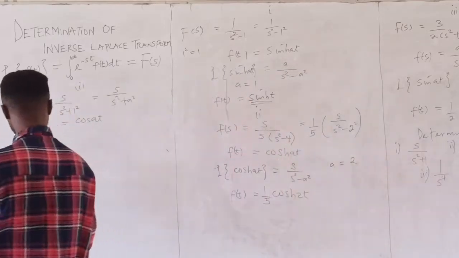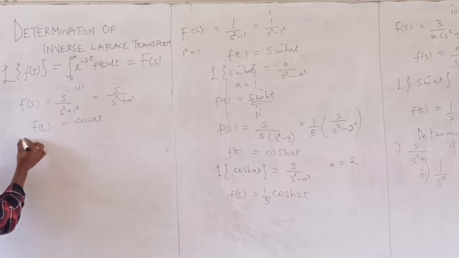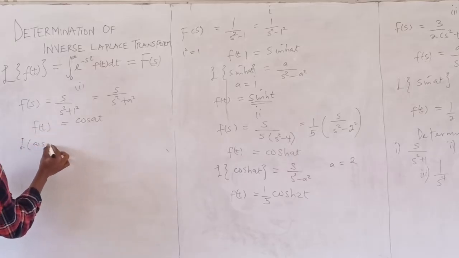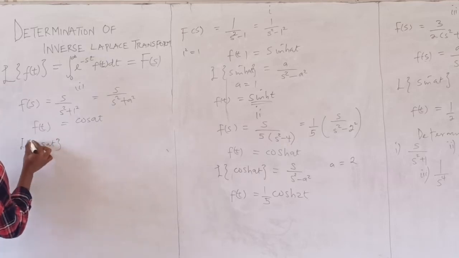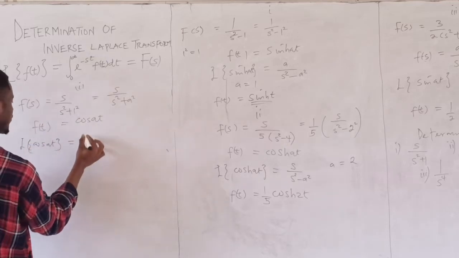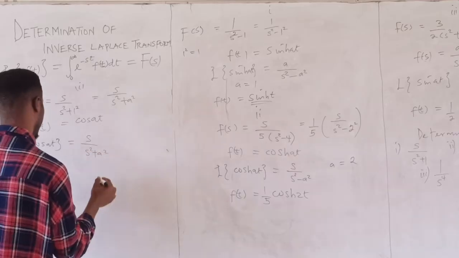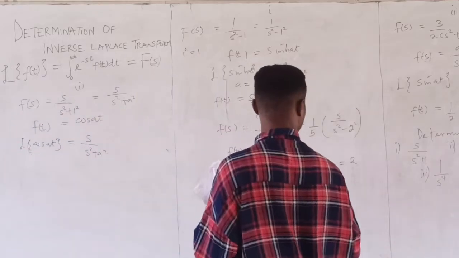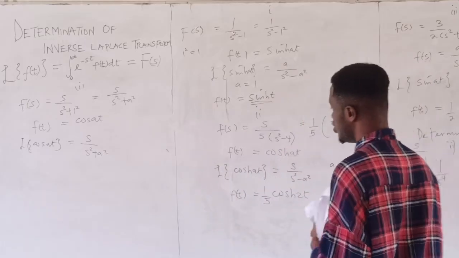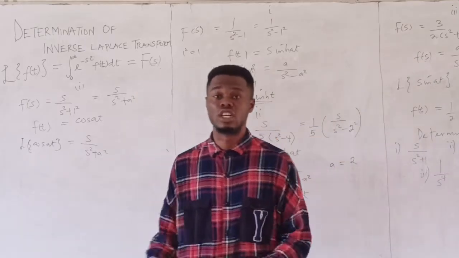Now, from what we did earlier on, if you find the Laplace of cos at, what you are going to have will give you s divided by s squared plus a squared, right? So this is what we got initially from the first video that we did.